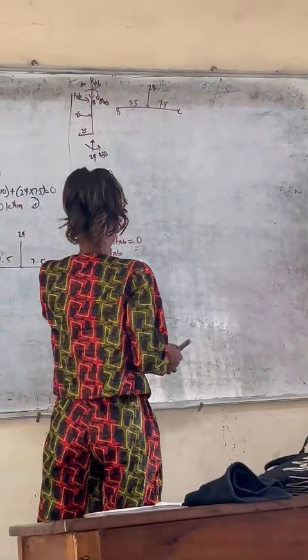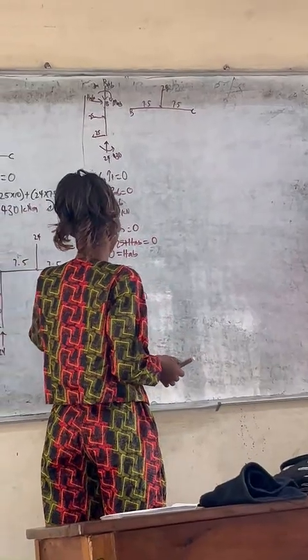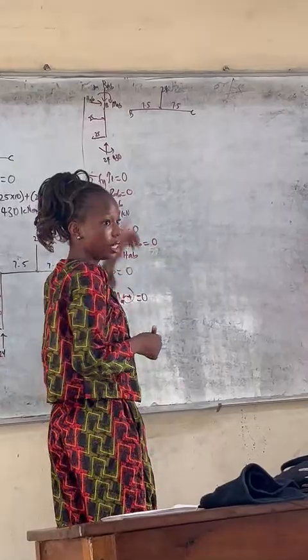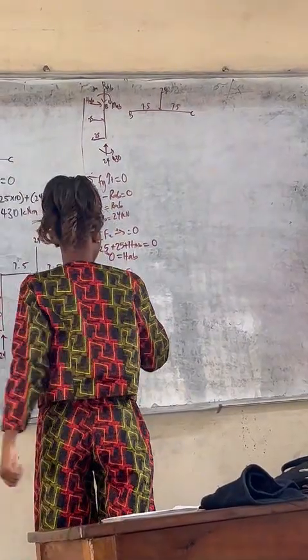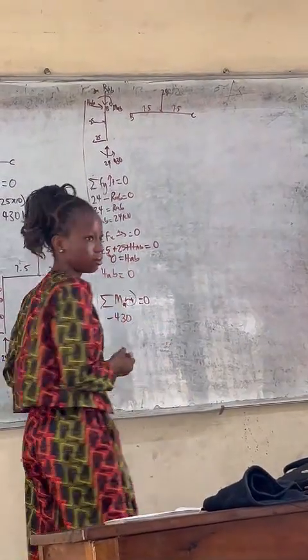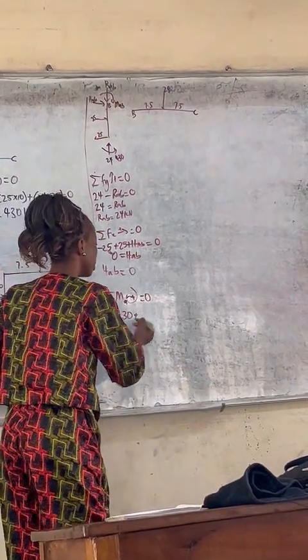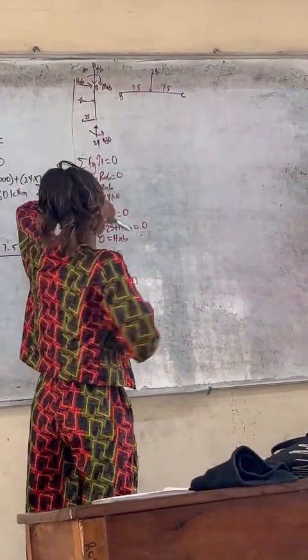So now let's go. We have the moment at A is anti-clockwise. That's what? Negative 40. Negative 40. Plus this 25 is acting here.